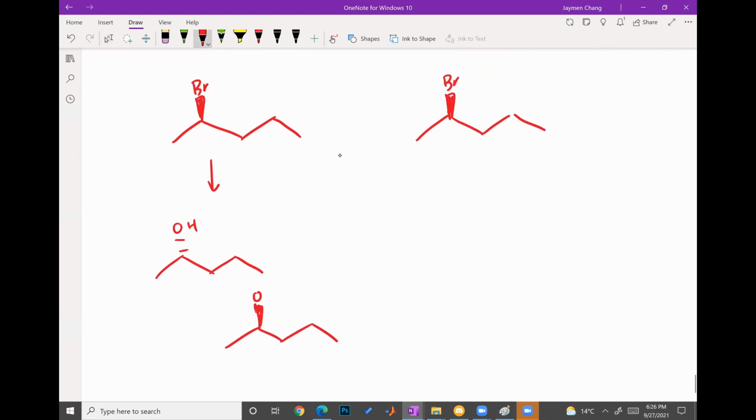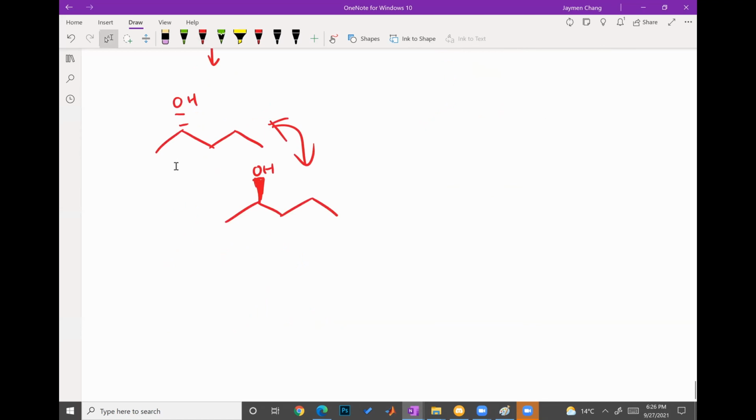So does anybody know what these two products are called, how they're related to each other? Enantiomers. Yeah, exactly. So these are enantiomers.